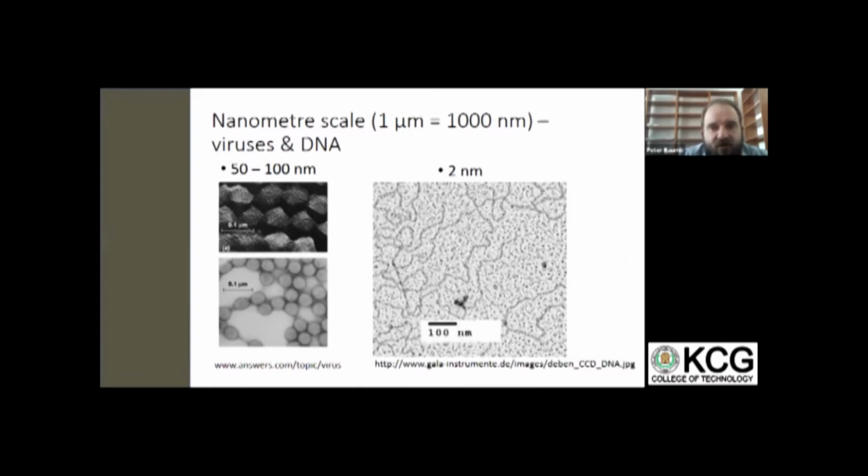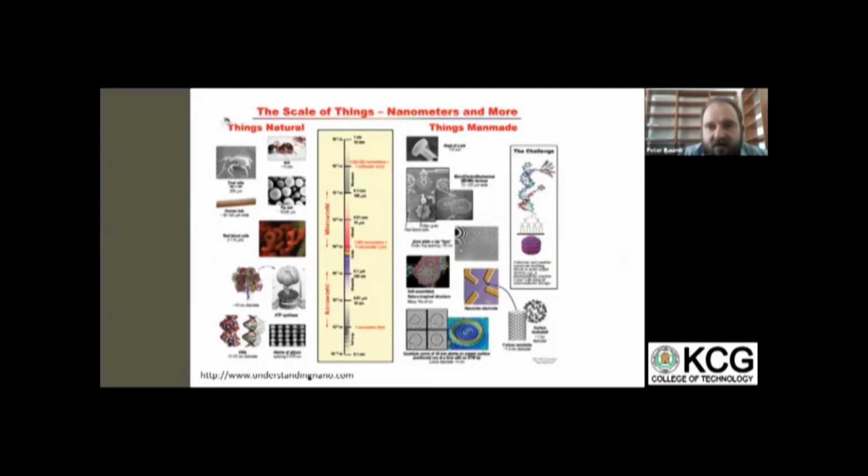Nanotechnology is in the range of, for example, viruses, as we can see on the left hand side, and the DNA in the right hand side picture, whose diameter is 2 nanometer. So I collected here a scale to imagine the nanomaterials which are prepared by man.